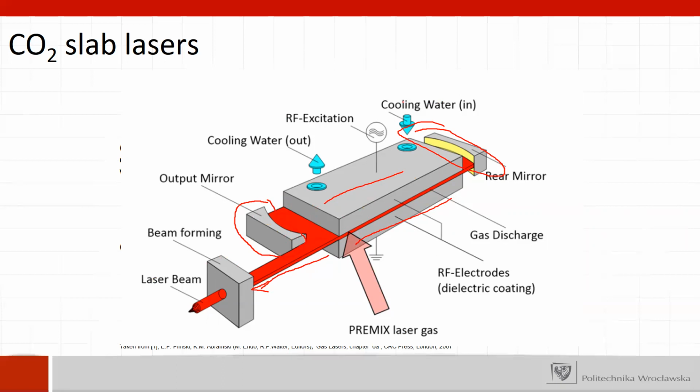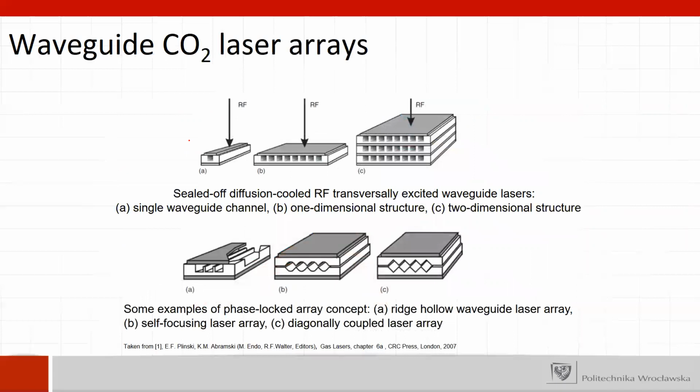And because of the high power, as you can see, there is water cooling to cool this top and bottom layer of the ceramic. Interestingly, this construction also gives us the possibility to scale the output power by, for example, multiplying the number of channels, and we can make arrays or even two-dimensional matrices of structures.